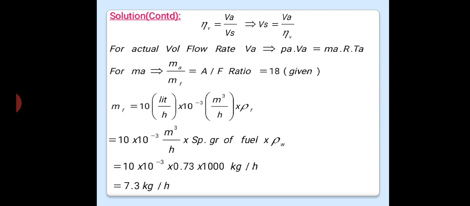So we are going to convert it into the volume and specific gravity of fuel into density of water. So after solving this, we got the mass of fuel consumed in terms of kg per hour, which is 7.3 kg per hour.